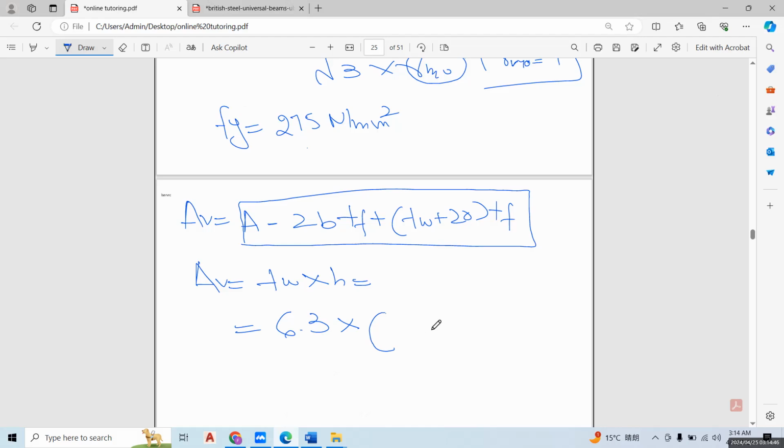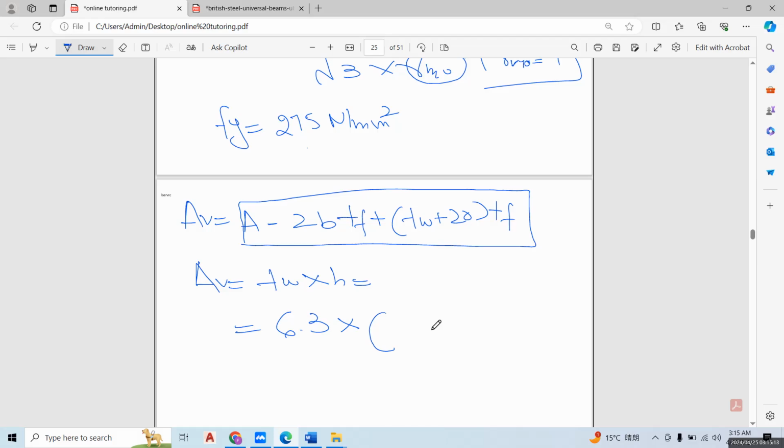But now you just see the value of Fy. There is one portion that is about steel grade, the second one is about yield strength, and the third one is again yield strength. So it depends on the thickness of flange. If your thickness of flange is less than 16 mm, the value is 275.